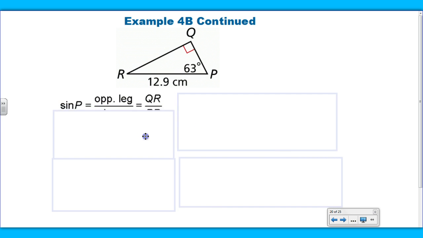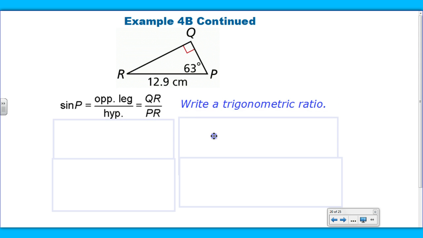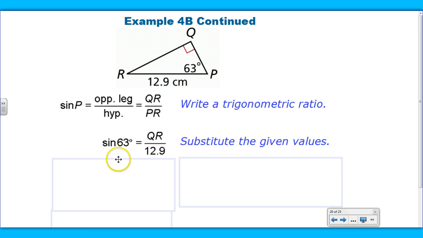Okay, so sine of P is opposite over hypotenuse. And now do we have any known values? Yes, we do. We know PR, don't we? And we can find sine of P as well. So sine of 63 is QR over 12.9. That's just substitution. And now once again we're going to isolate QR.